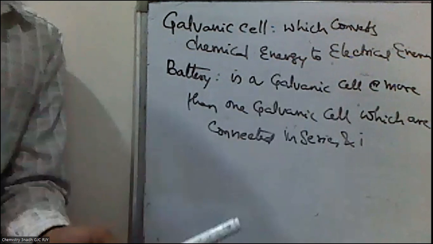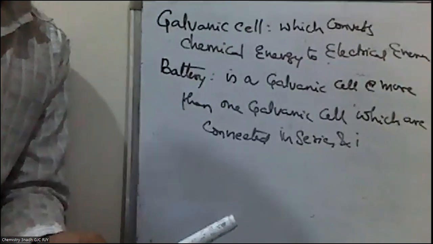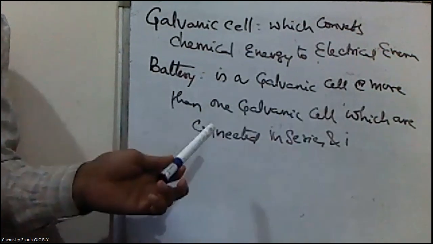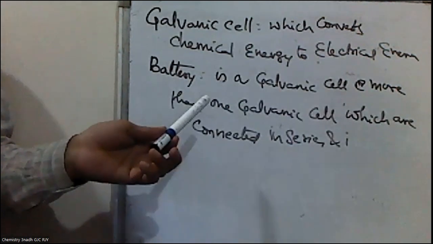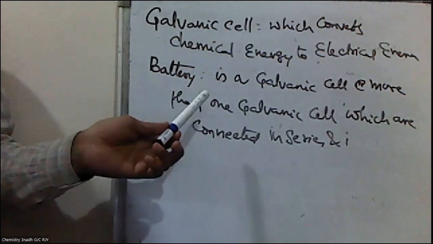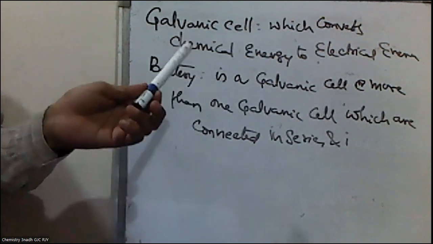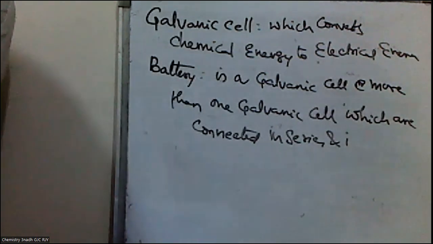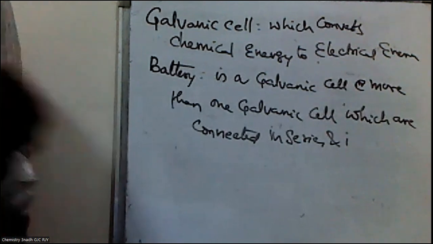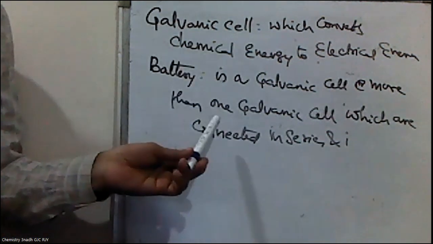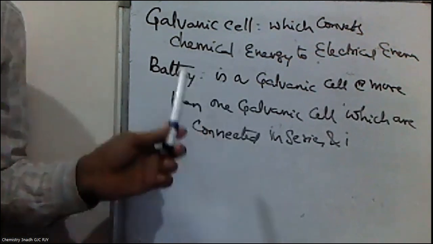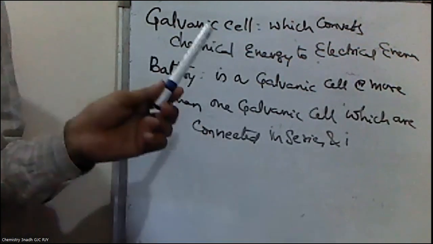A battery is a galvanic cell or more than one galvanic cell which are connected in series, and which converts the chemical energy of a redox reaction into electric energy. That one we are calling a battery.